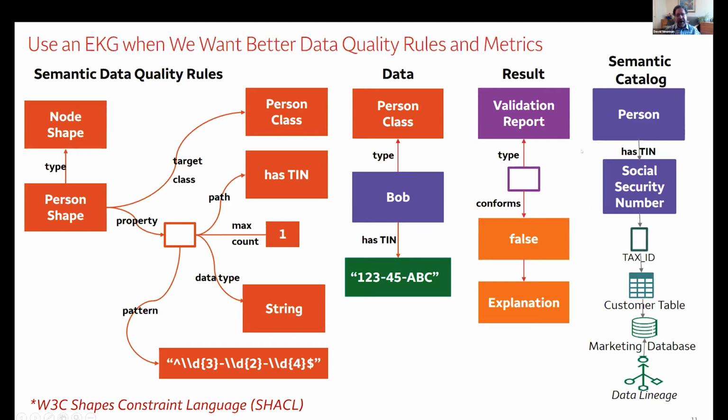And this can then be identified in a semantic catalog where we could query social security numbers or tax ID numbers associated with people linked to the tax ID column in the customer table in the marketing database. We may then see the results that this particular data element from a particular lineage may have a high number of errors, so we get a sense of data quality.